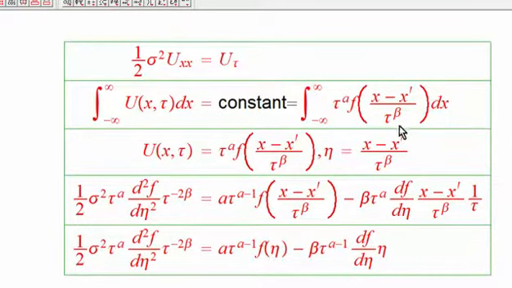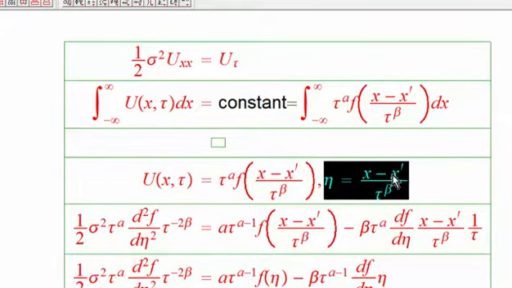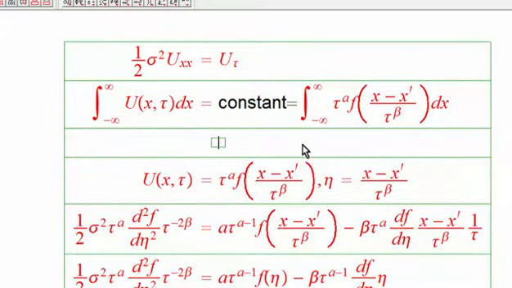Well, let's do a substitution then. I'm going to replace this piece with eta. So if eta is equal to this, what's d eta dx? d eta dx is tau to the minus beta. So I'm doing just a plain vanilla substitution.